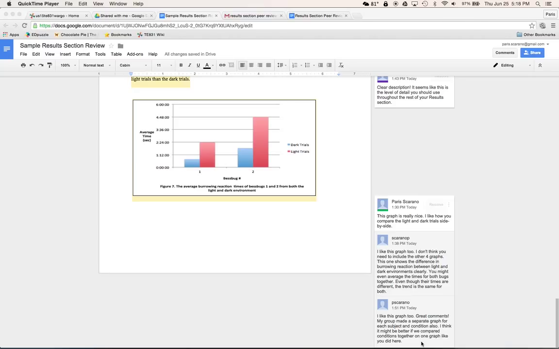So this is not her paper that she's commenting on. This is somebody else's paper, and she's noticed from the critiques that her group created way too many graphs and that they could actually consolidate some of that information into a clearer comparison like the graph that's shown on this group's paper.